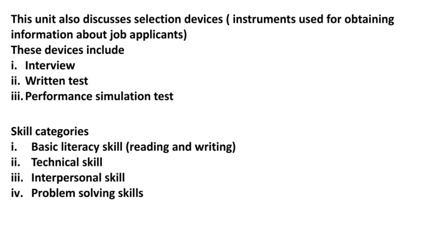We have interpersonal skill, the way you relate with other people in the organization. And problem-solving skill, ability to identify problems and proffer solutions to problems found in any organization. That is what is termed problem solving skills.